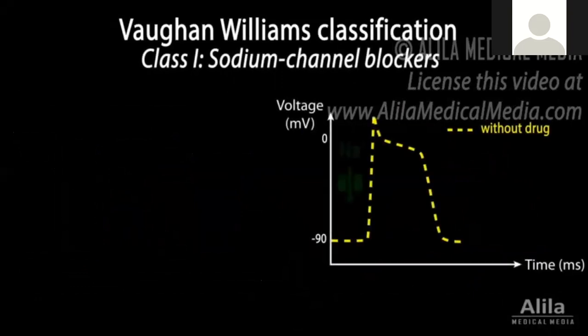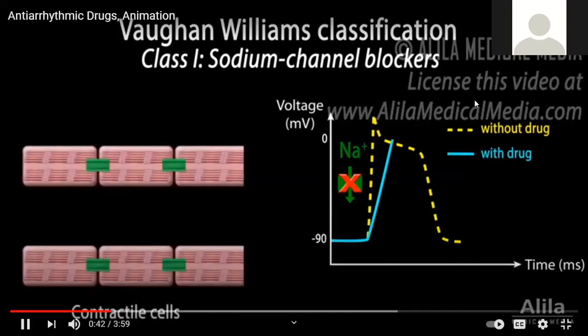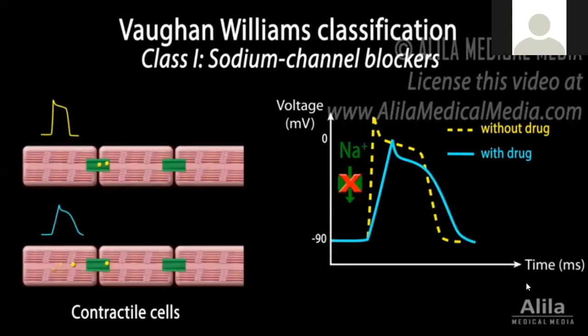Class 1, sodium channel blockers. These drugs bind to and block the fast sodium channels that are responsible for the depolarizing phase in contractile myocytes. The result is a slower depolarization with a smaller amplitude. Slower influx of sodium results in a smaller flow of positive ions through gap junctions to adjacent cells.